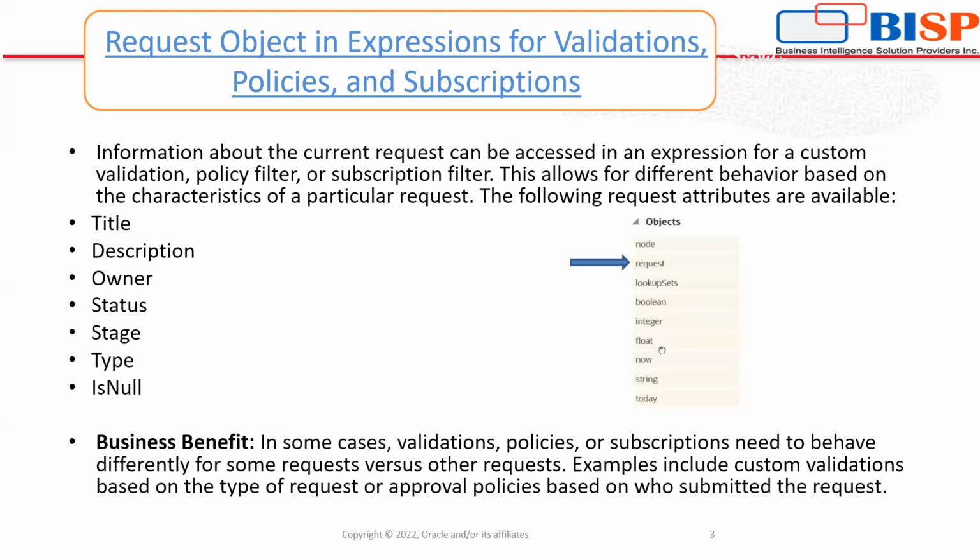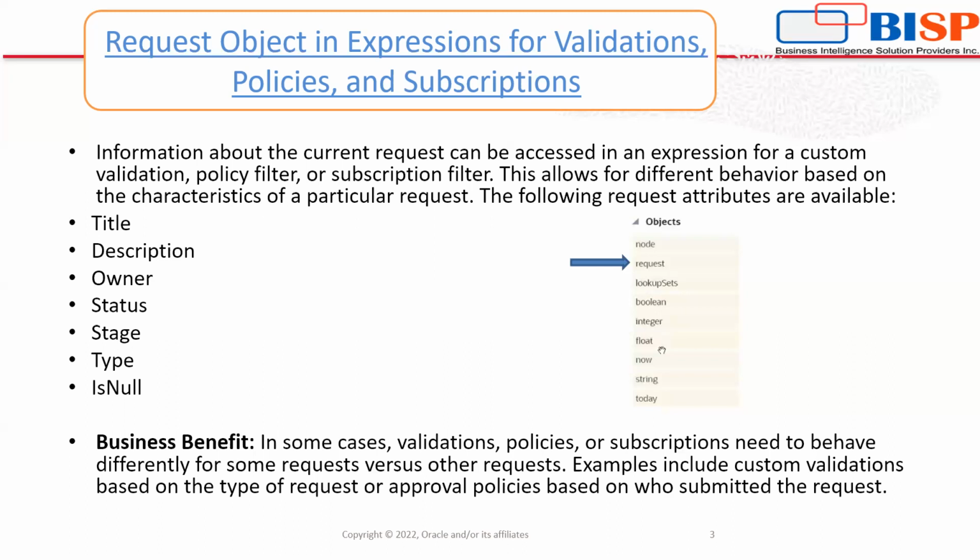Suppose I add an entity into a hierarchy, and I want anyone other than this person to get approval before submitting the request. So this is how we can give various types of expressions and set the policies.